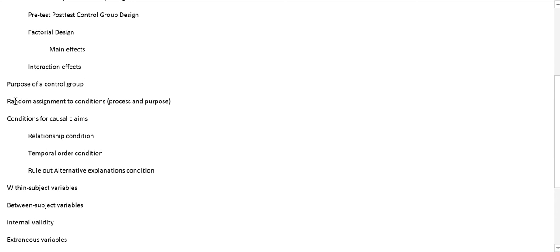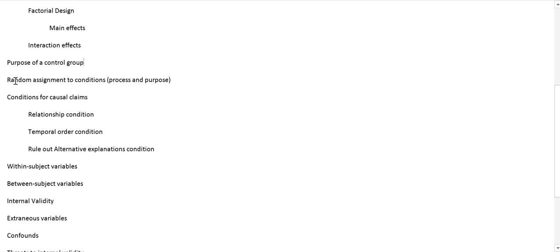Alright. As we've already discussed, random assignment to conditions is when you put people into conditions by a random process so that the conditions will not be different at the outset of the experiment. That way you can rule out pre-existing differences as being the cause of any differences you might find in your dependent variable after you've administered the treatment.